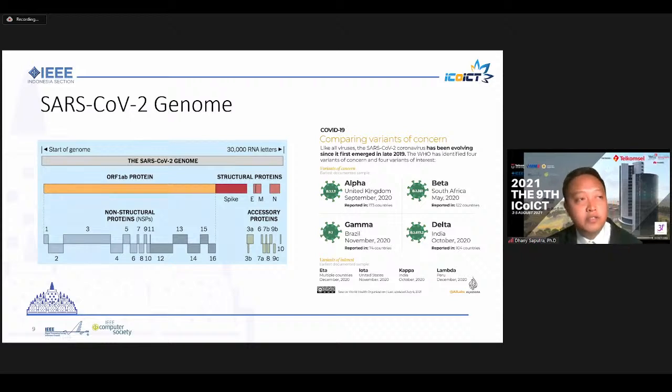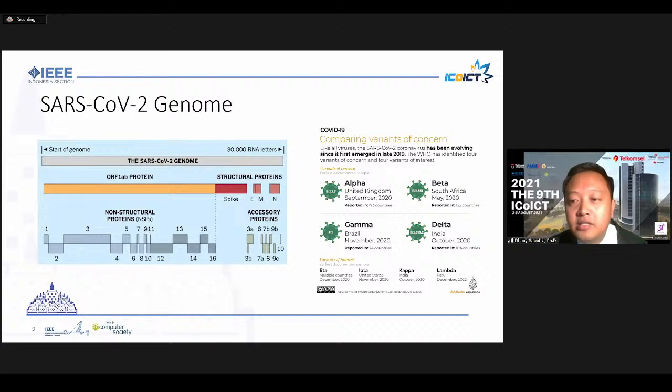There are variants of concern, and there are variants of investigation. I forgot the other names based on WHO, but I'm just going to talk about these VOCs. It appeared in the UK first, the alpha variant, which spreads faster than the previous one.